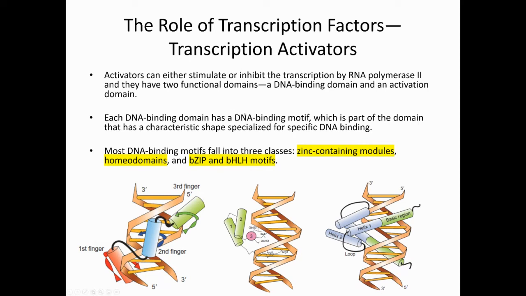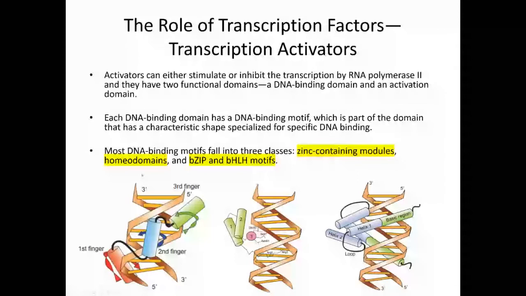So for the structure of the activator, the DNA binding domain needs a binding motif. We have the zinc-containing module, which is the zinc finger, the most commonly seen domain for the transcription activator. It can help to bind to the DNA.